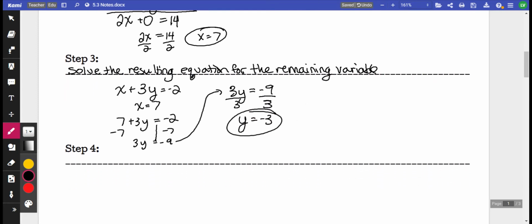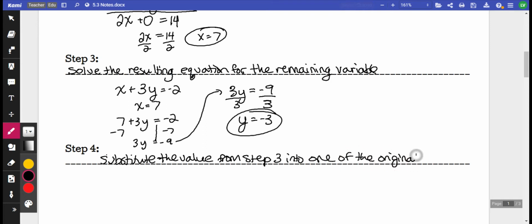Then step number 4 is to substitute the value from step 3 into one of the original equations and solve.